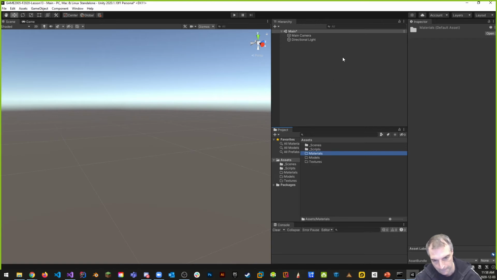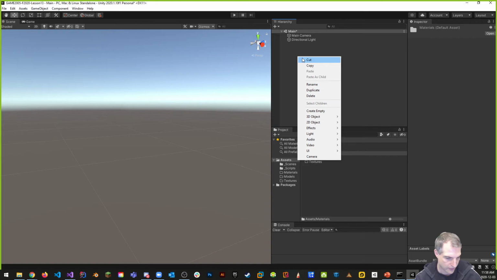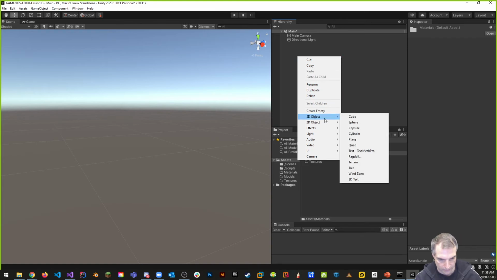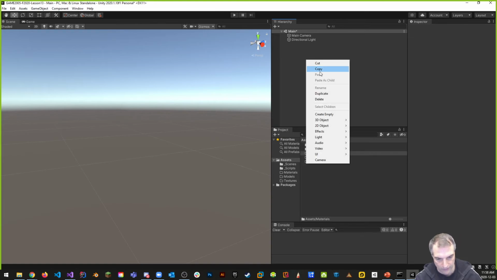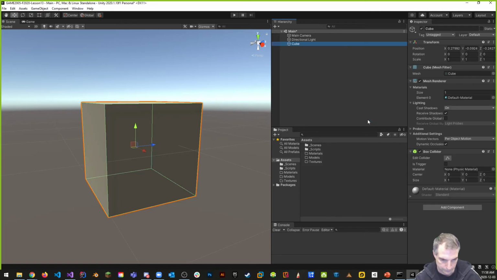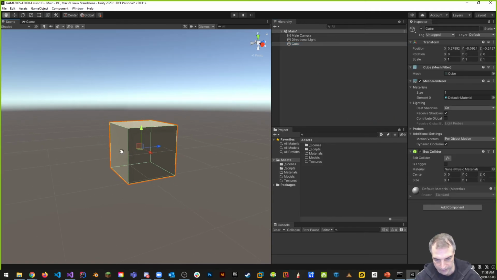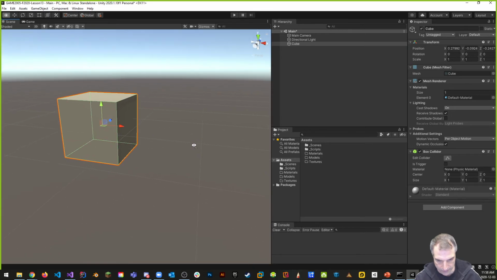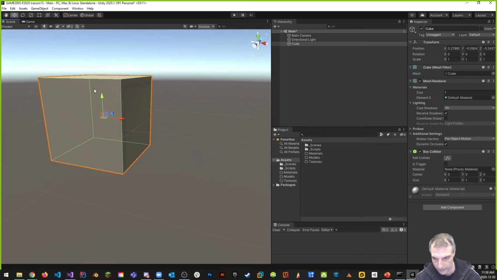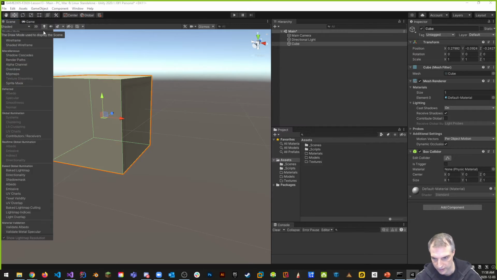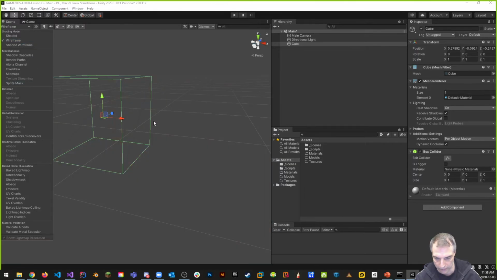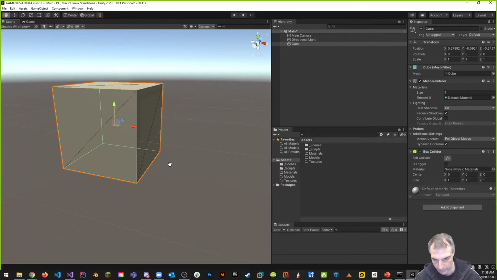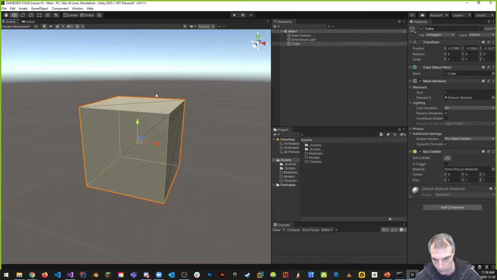So if I add an object like a cube, let's add a cube first. 3D object, I got that by right-clicking, 3D object, cube. There it is. And notice by default, I've just got a cube. I can see its bounding areas. By the way, on the left where it says shaded, you can choose shaded, wireframe only, or shaded wireframe, which gives us more information when we're looking at an object.